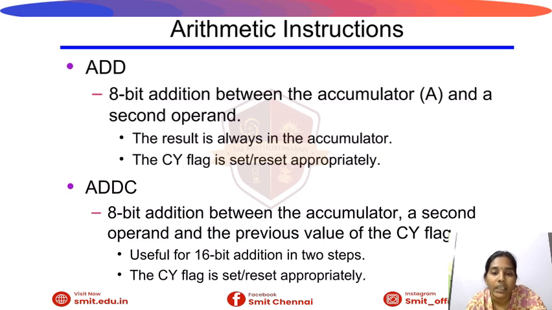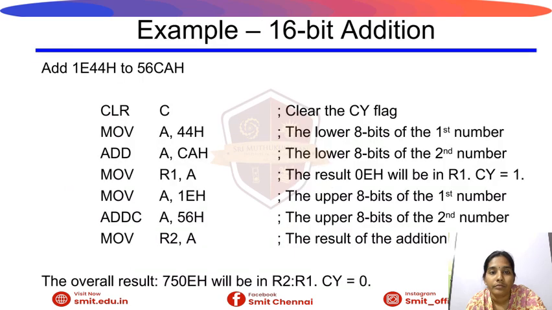In this, the accumulator and the second operand are added with the previous value of the carry flag. Examples: CLR C, we can use this instruction for clearing the carry flag. MOV A, #44H. MOV R2, A. These are all examples of addition.